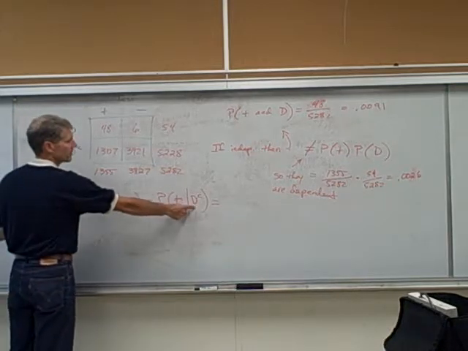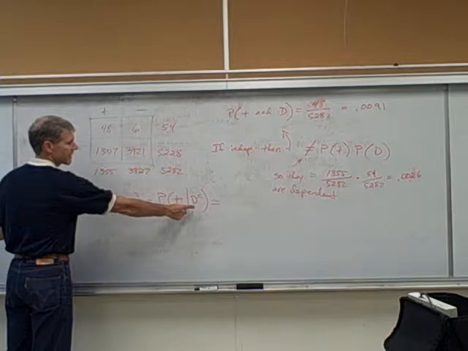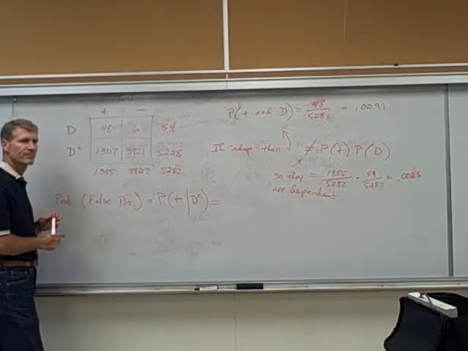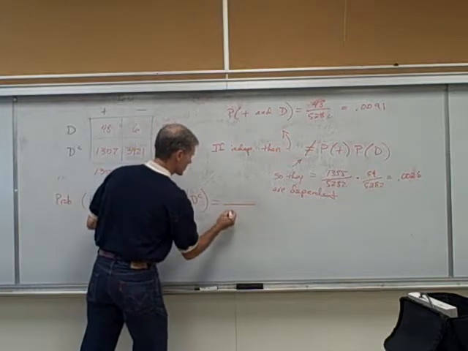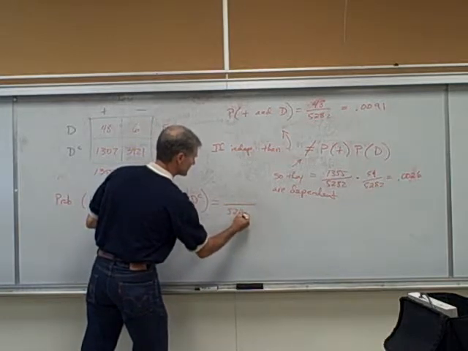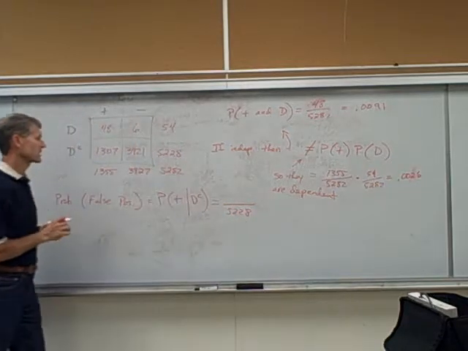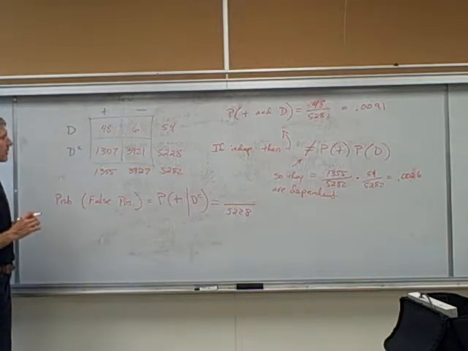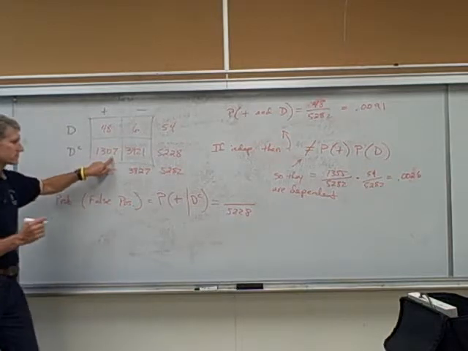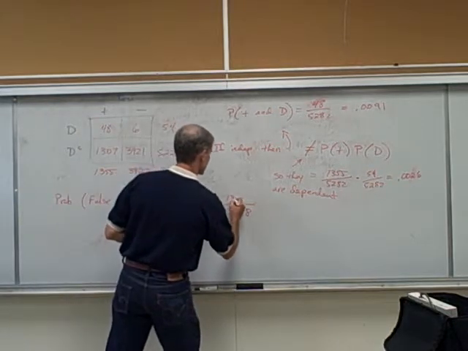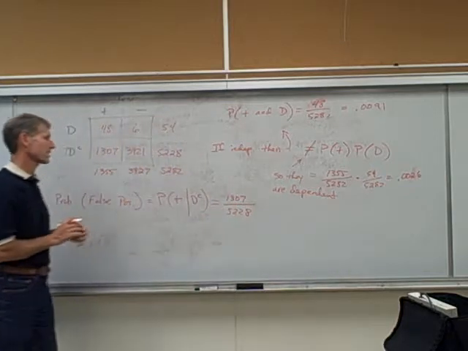How many people did not have a baby with Down syndrome? So that goes on the bottom. The thing you condition on goes on the bottom. How many people tested positive out of those 5228? 1307. So there's the answer for that conditional probability.